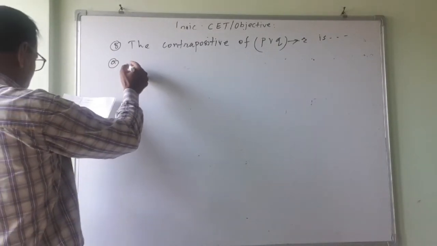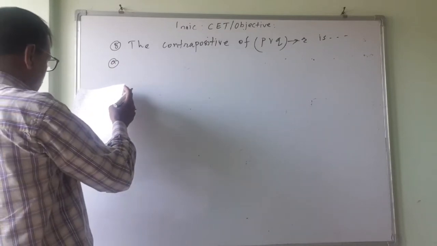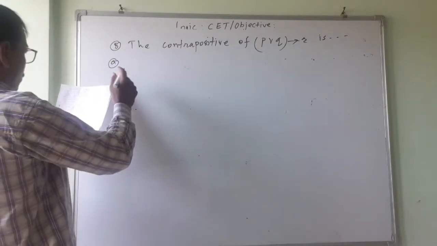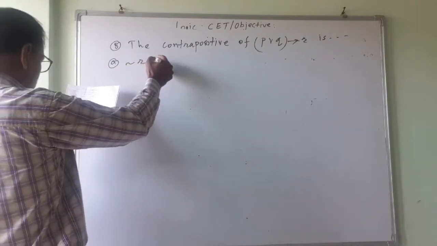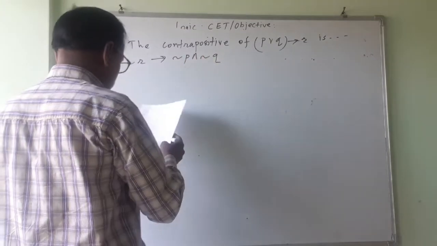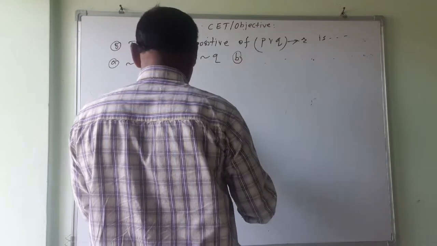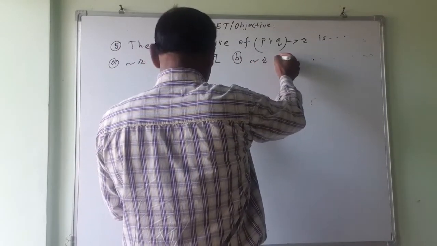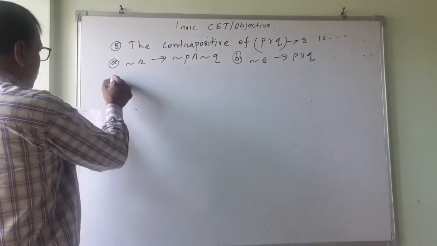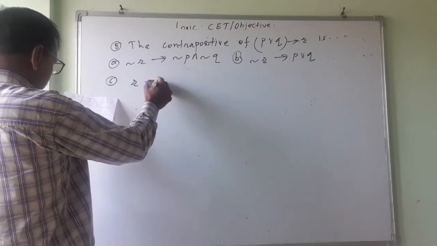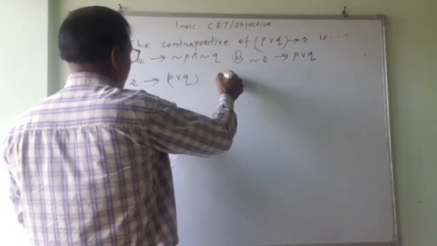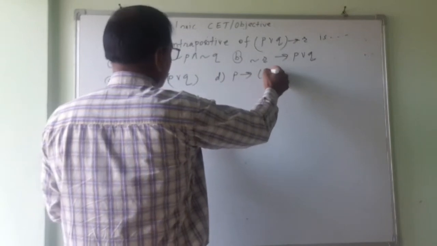A, tautology and contradiction. No. Negation R implies negation P and negation Q. B, negation R implies P or Q. C, R implies P or Q, and D, P implies Q or R.